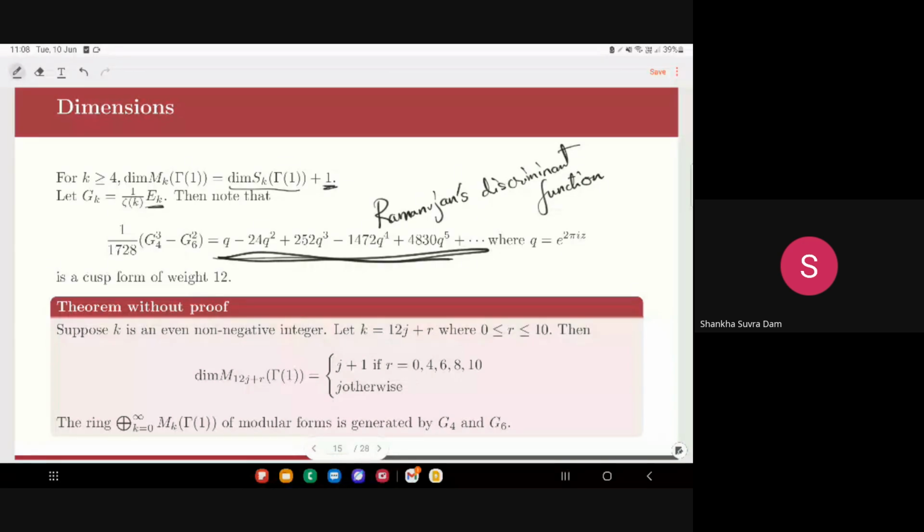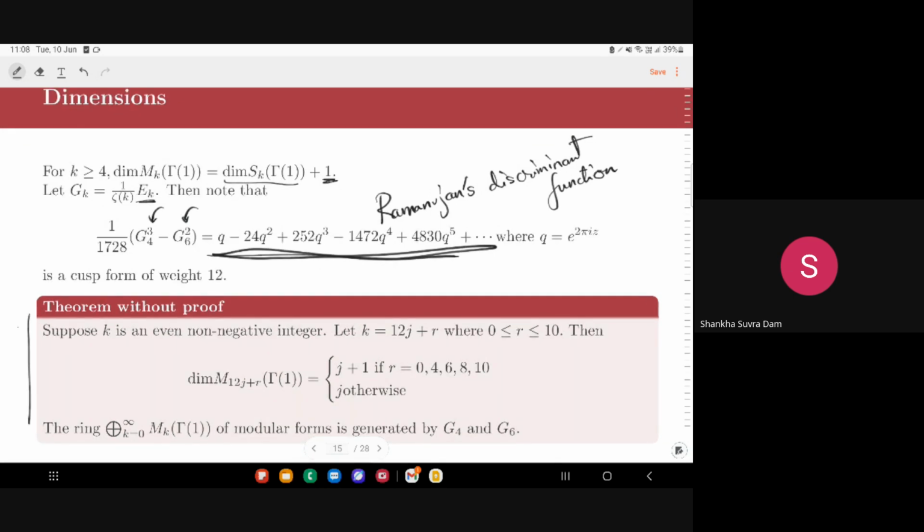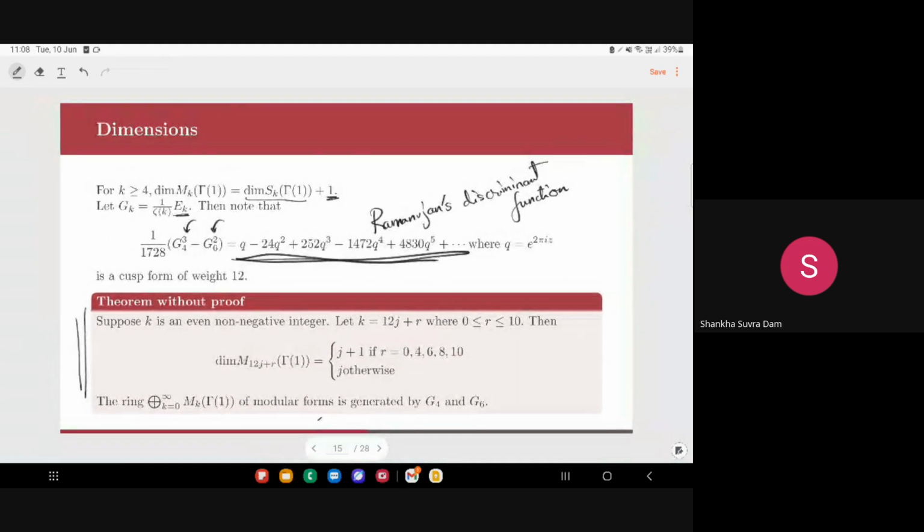And this is a cusp form of weight 12. Basically, we are taking the cube of a weight 4 form and the square of a weight 6 form, so it gives weight 12. This is a theorem without proof that I'm citing here, that we can actually find the dimension of all the cusp forms, for non-negative integers k.